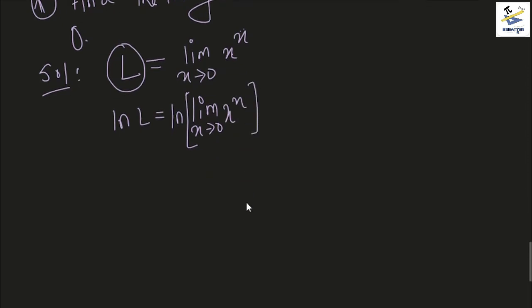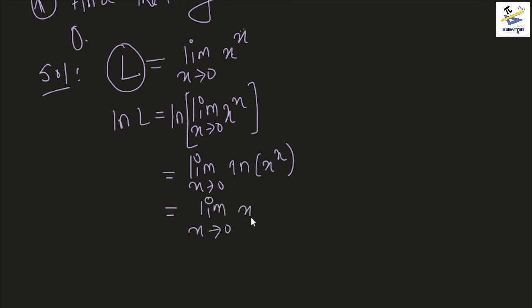If we just take the log of both sides, and then the limit would just come out, and what you would get is something like this, limit of log of x to the power x, right? Now this would give you limit x tends to 0 x log x using the properties of log, right?